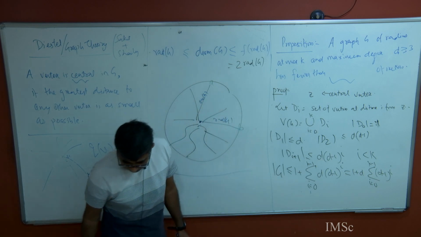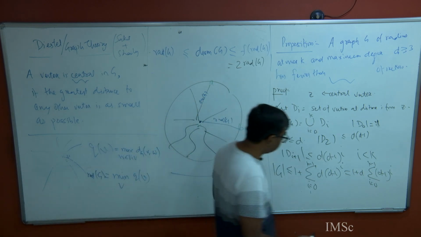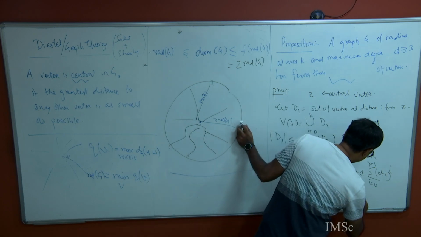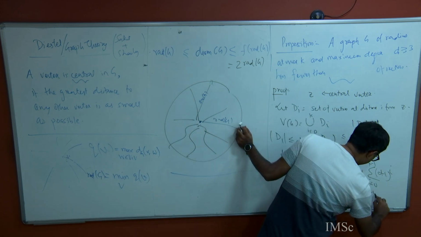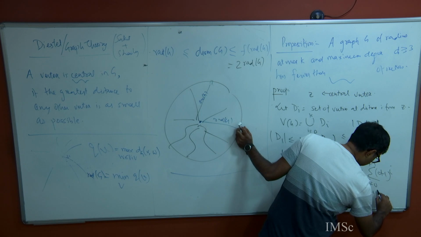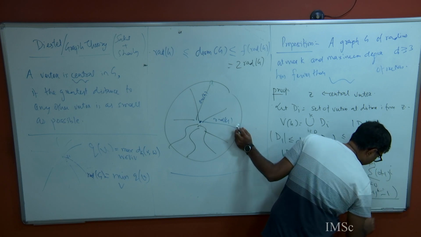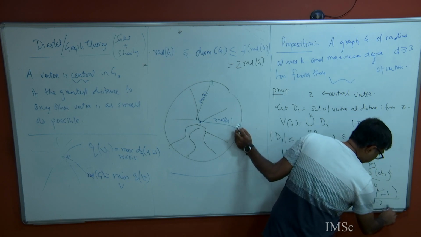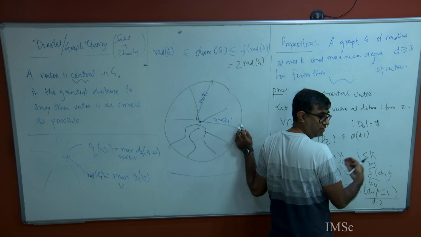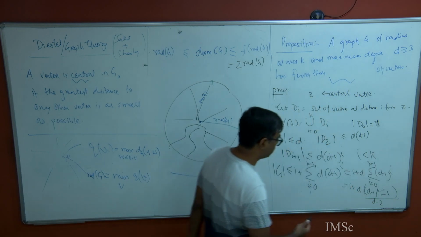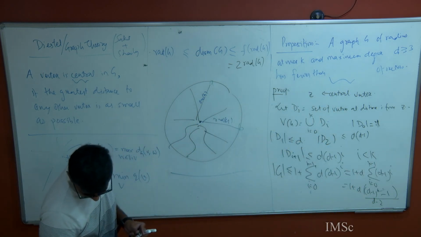So this will be 1 plus d minus 1 to the power k, divided by d minus 2, right? r minus 1, where r is d minus 1, so d minus 1 minus 1. This is it.